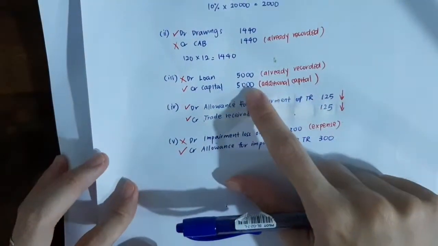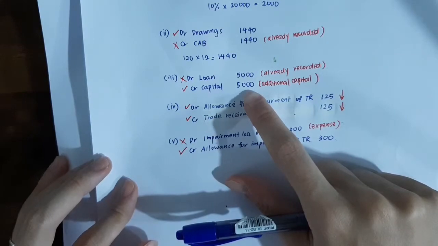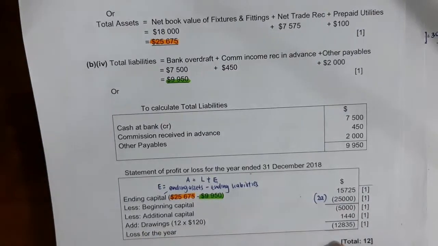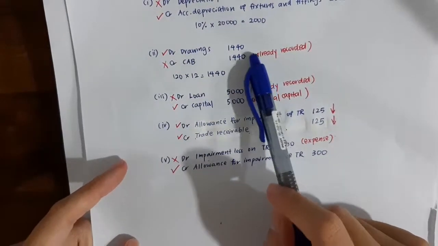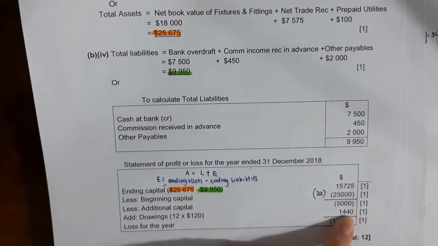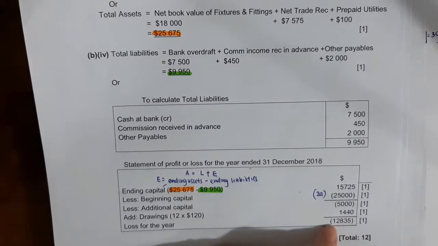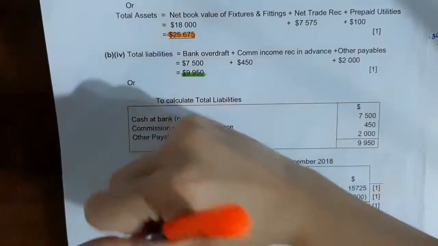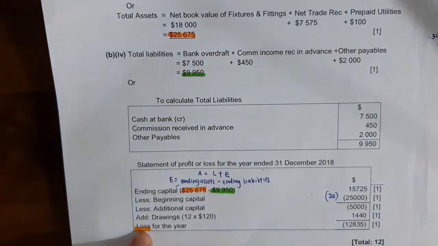Remember that just now when we were doing our workings, my additional capital is $5,000 from part 3. Add drawings. My drawings is from part 2, 1,440. Calculate everything and you get a negative amount. That's why my ending amount is a negative. It's a loss for the year.